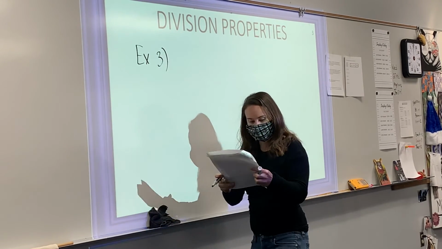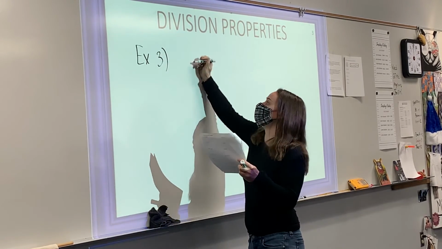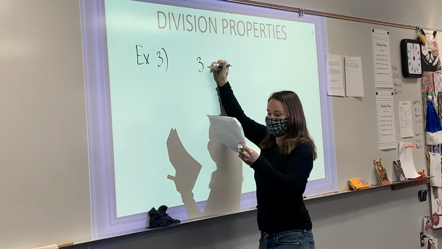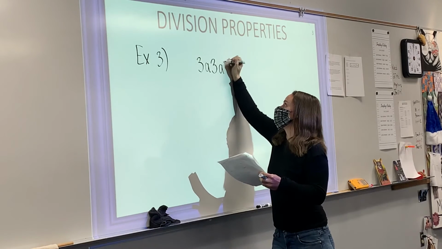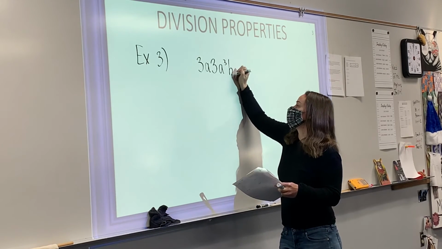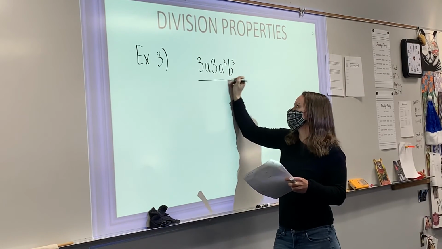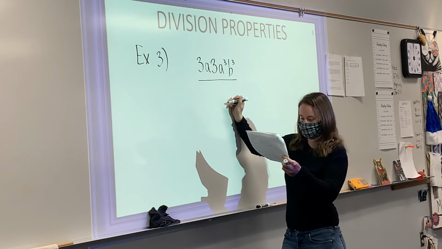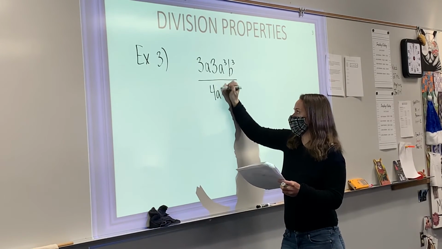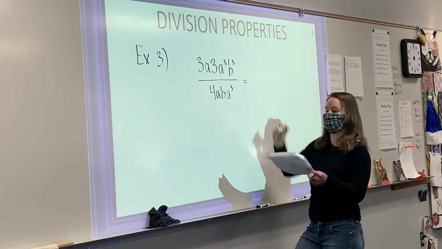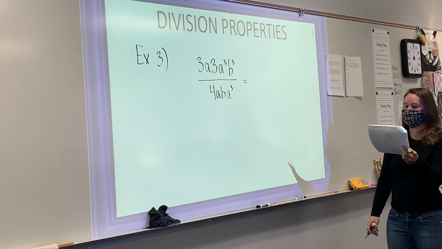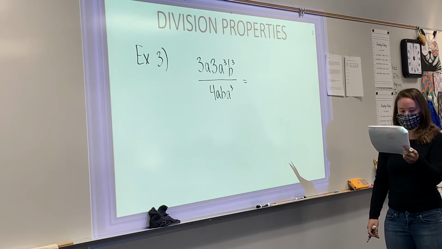Okay, the thing about this problem is we kind of have to simplify first before we even apply our rules. Can someone check that I wrote this down right? Because it's quite a bit. I think it looks good.